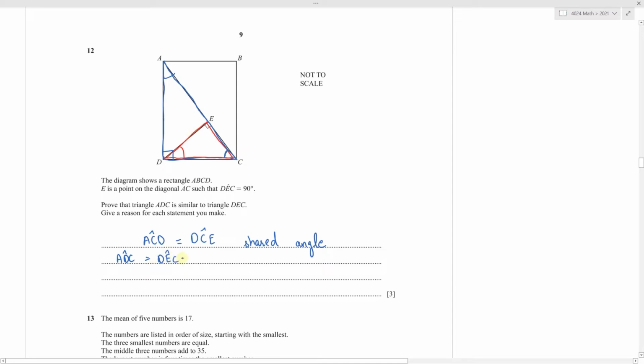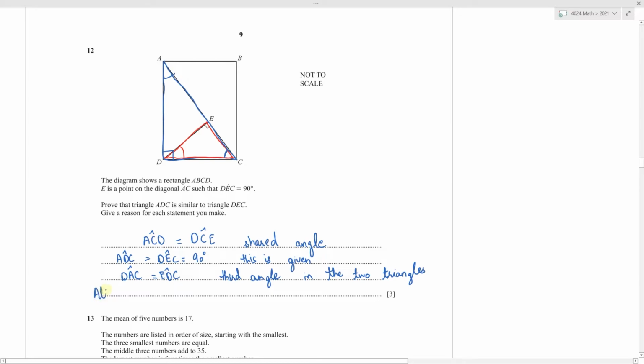DEC equals 90 degrees. This is given. And then the third angle automatically becomes equal. So angle DAC of this blue triangle equals angle EDC of this red triangle. They are the same because these are the third angles in the two triangles.